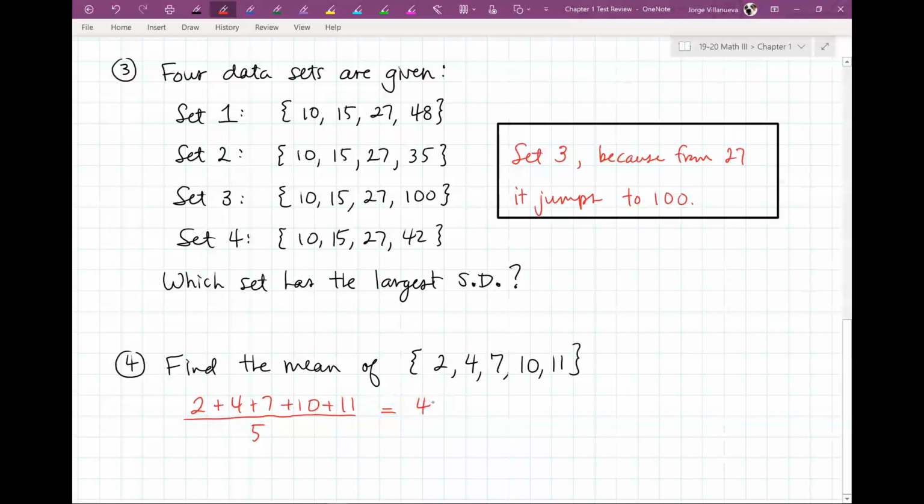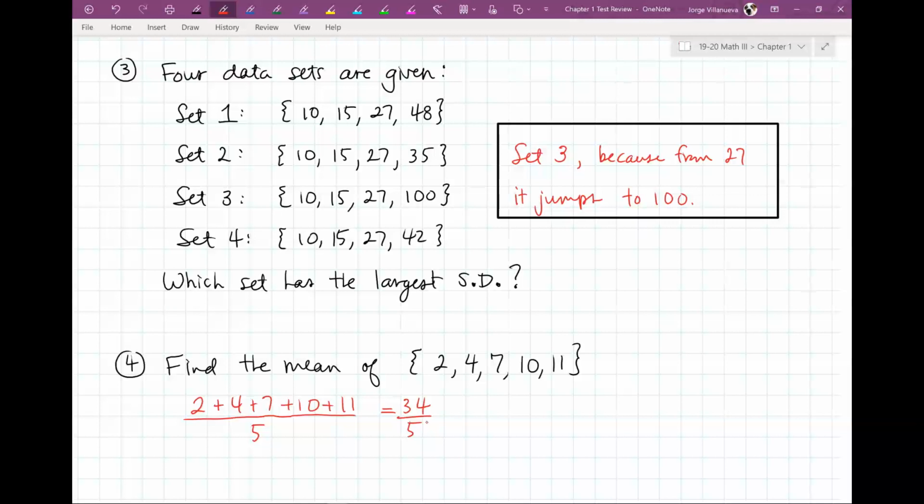Wait, did I do that right? Did I jump over something? 6 and 7 is 13, that's 23, this will be 34, over 5. They may have you do an approximation of the mean.